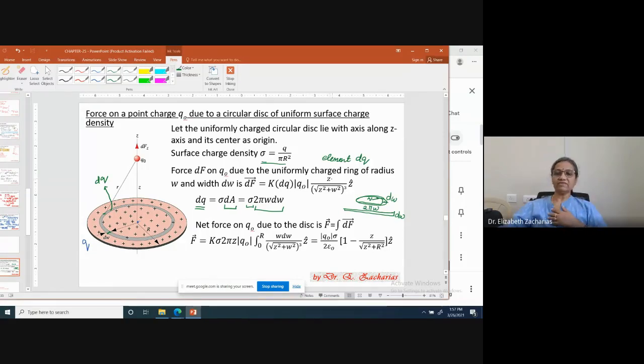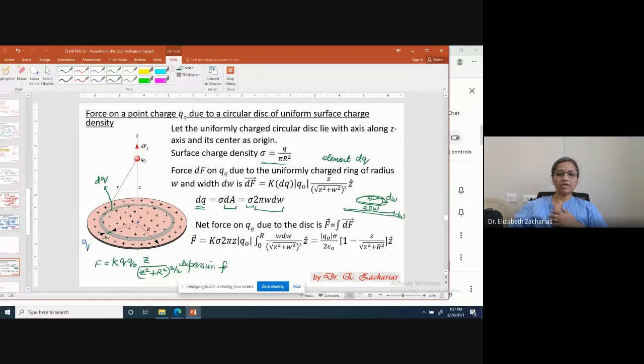If you want, I'll write it again. You had the expression F equal to K Q Q naught Z divided by Z square plus R square to the power of 3 by 2. So this was the expression for a ring.